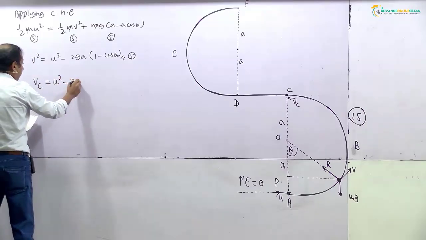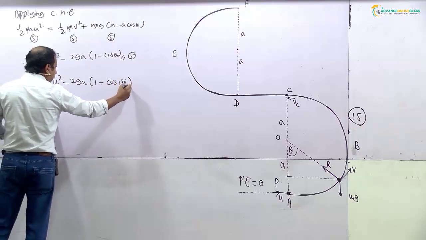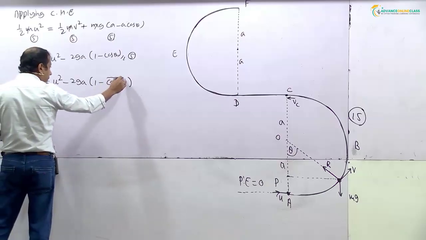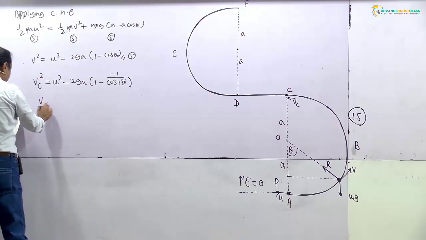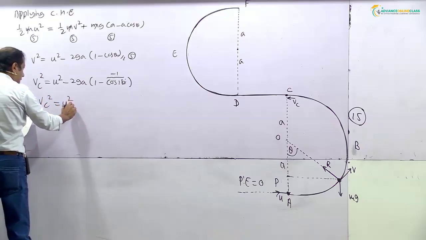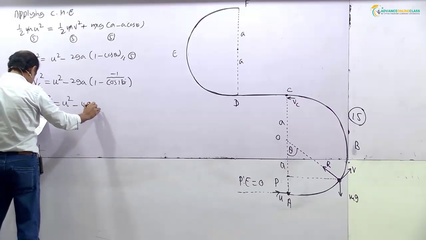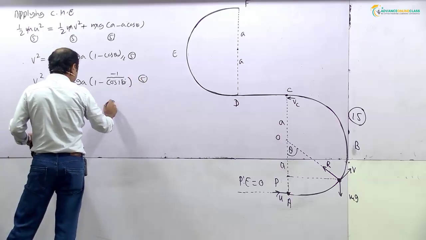U squared minus 2gA(1 minus cos 180). Cos 180 is minus 1, no? Okay. Minus minus plus, then we get Vc squared equals u squared minus 4gA. Right. So here 5 marks, here 5 marks.